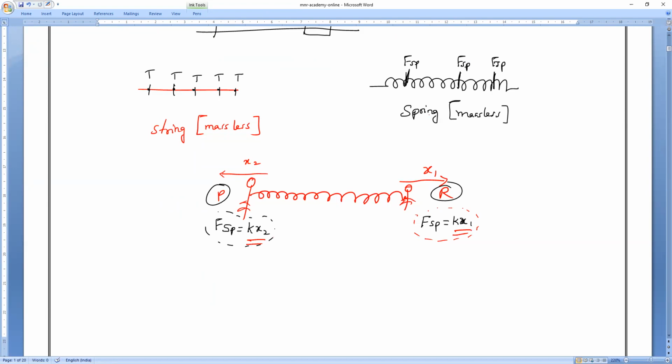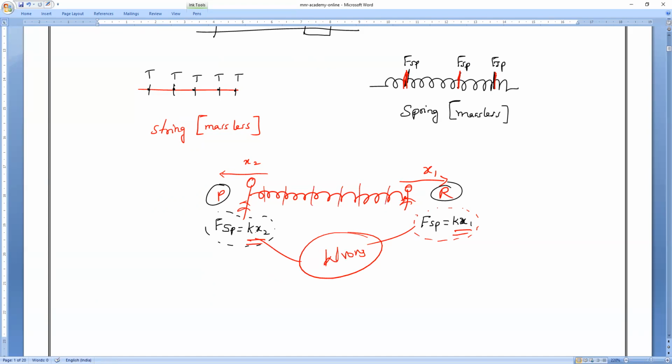Then how will it be the same? Because if it's the same string, the spring force must be constant throughout. Am I right or wrong? Yes, sir. So this is completely wrong. You cannot write like this, because the force is the same throughout the spring. At any point you check, the spring force must be constant.